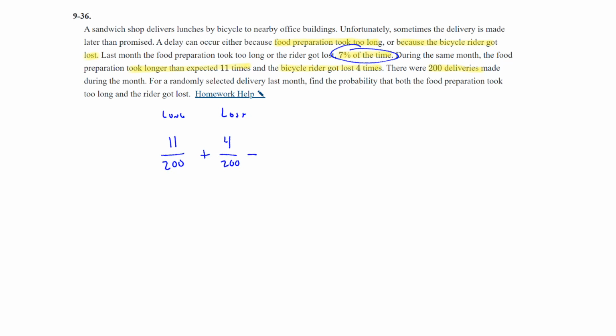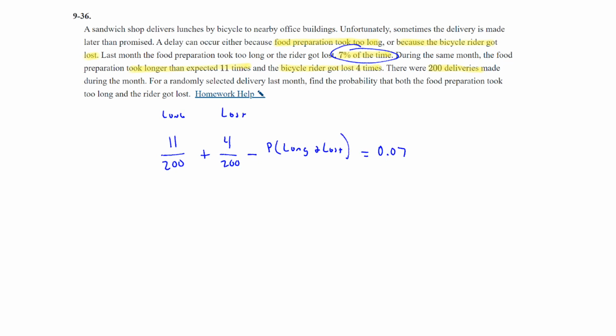So we actually have to subtract out the probability that both of them occurred, that the food preparation took long and also that the bike rider got lost. And then that should equal the 7%, or we'll write it as a decimal, 0.07.